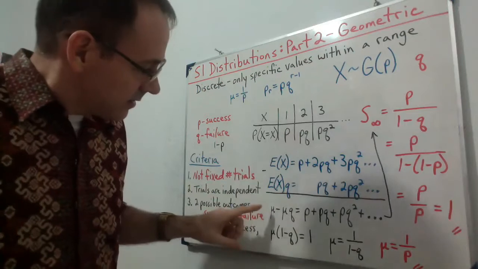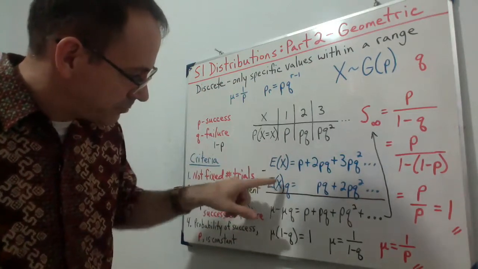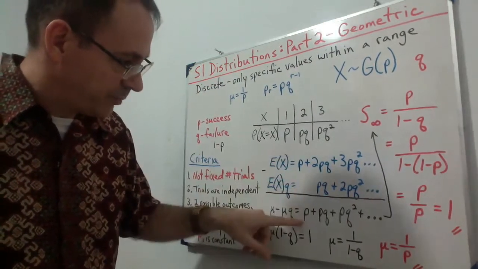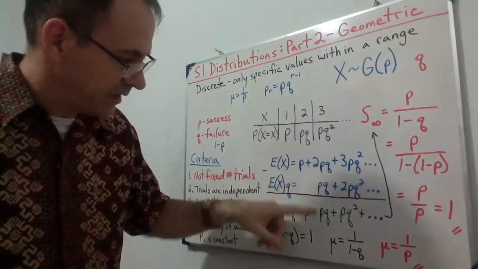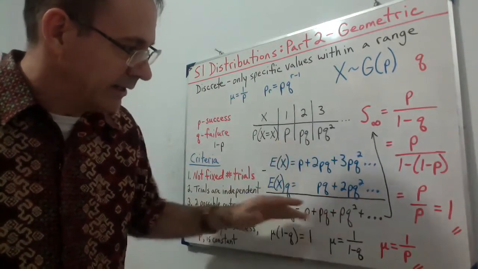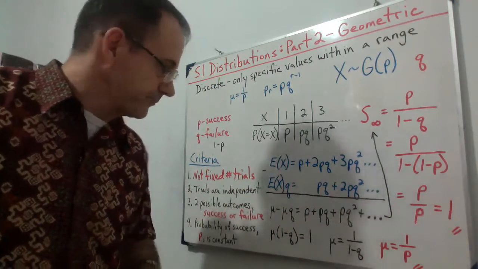And when we subtract it, we get mu minus mu Q. Here, P minus 0 is P, 2PQ minus PQ is PQ, 3PQ squared minus 2PQ squared is PQ squared, and so on. These now all become coefficients of 1.